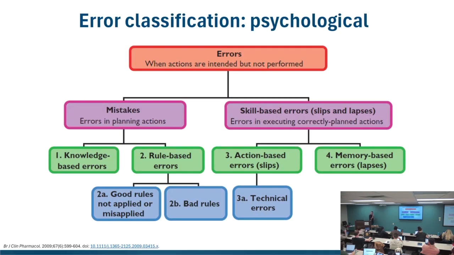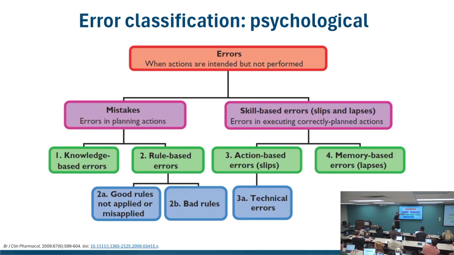Another kind of interesting way to think about it from an error standpoint is classifying the errors that we make internally. We as humans think about things before we do them. I'm saying we generally do. We don't always think about things before we do them, but sometimes we do. So errors are when actions are intended but not performed.